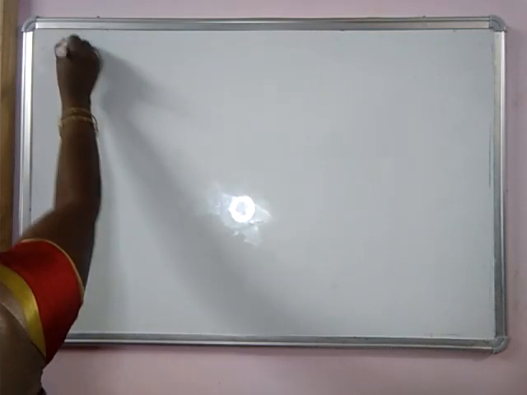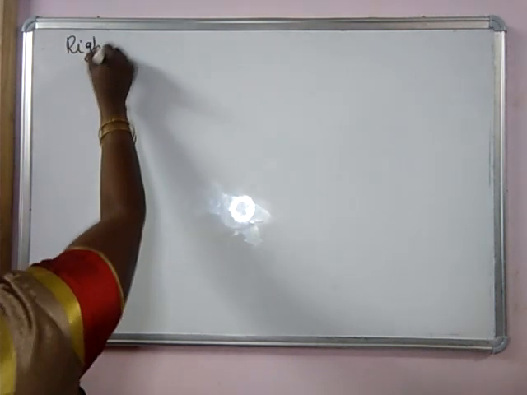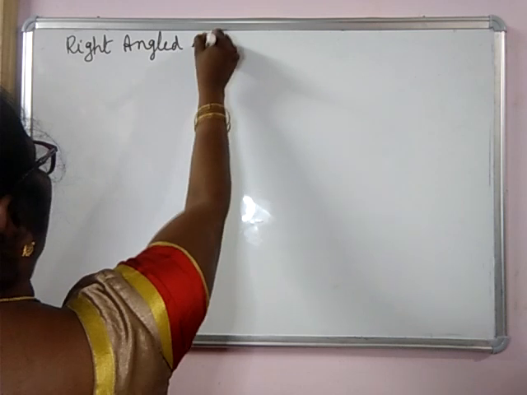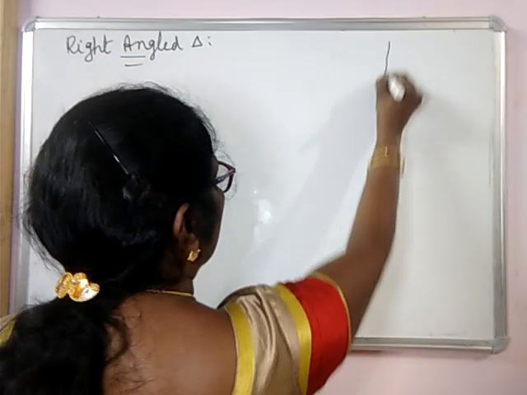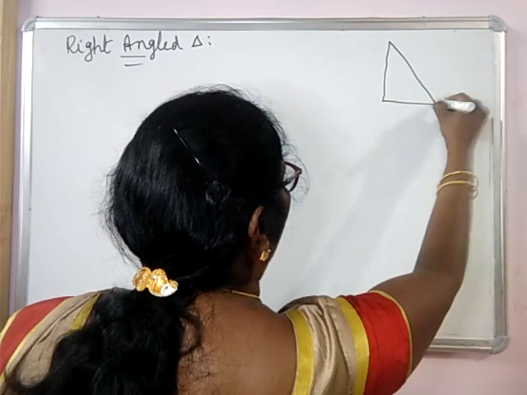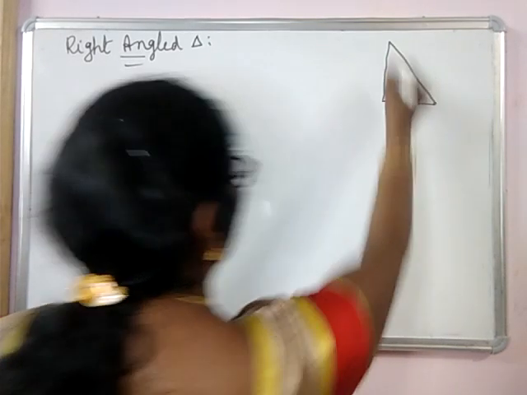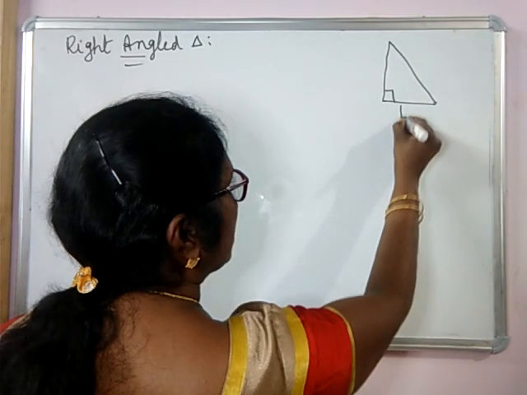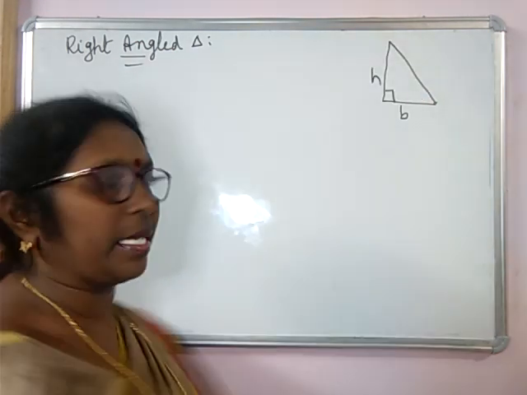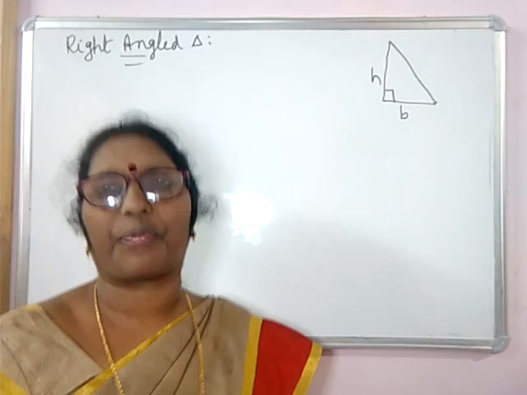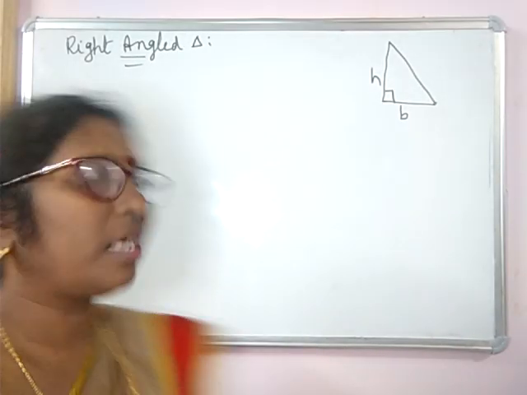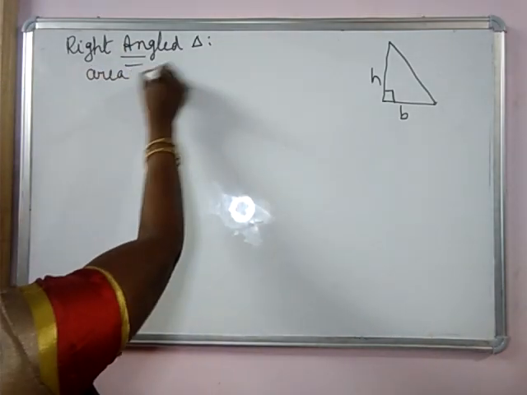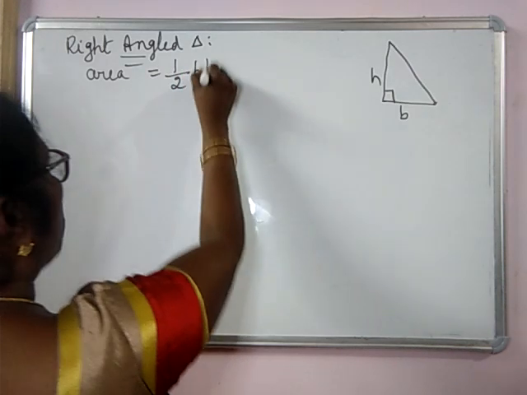First, for the right angled triangle, it is just like the common formula, because in a right angled triangle, these two sides are perpendicular to each other. If this is the base, this is the height. So the common formula for finding the area of a triangle can be used here.